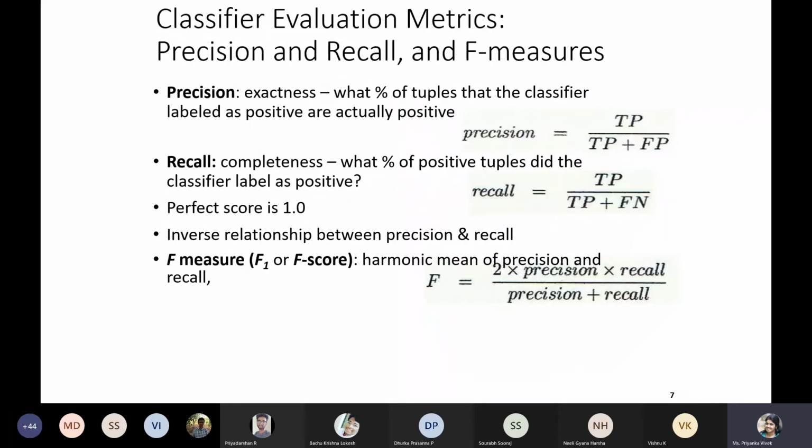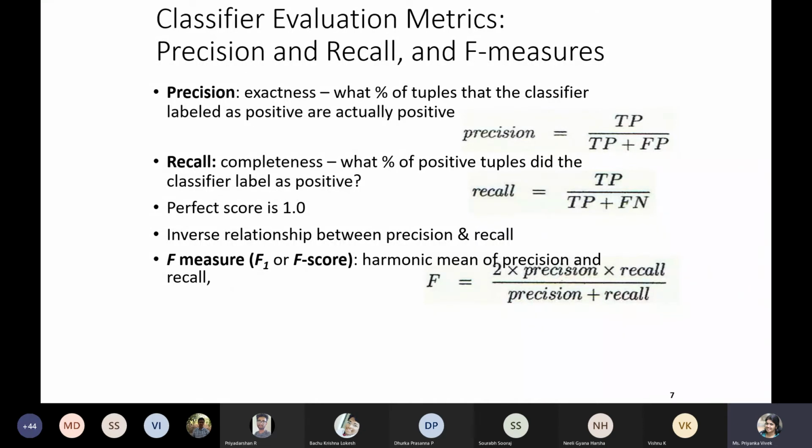So even precision and recall. Precision is what percentage of tuples the classifier labeled as positive are actually positive. So it is true positive by true positive plus false positive. False positive means they were actually negative, and true positive means they are actually positive.